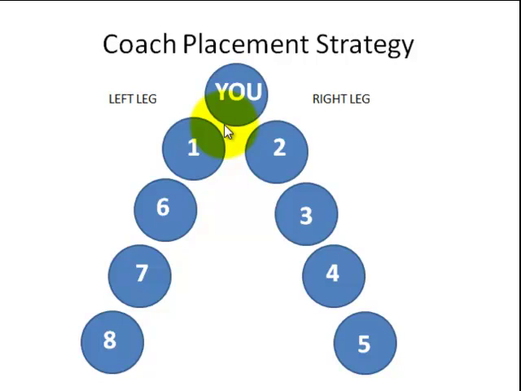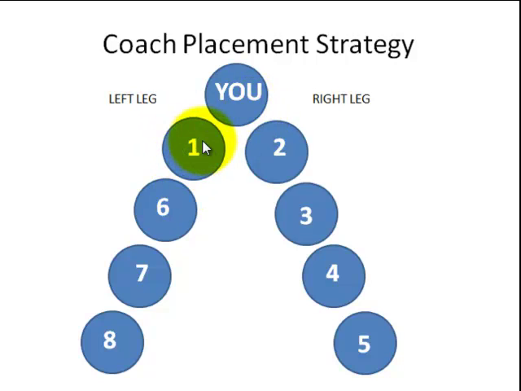She would go there. And then if you do have a spouse or significant other, we would recommend placing that coach, your second coach, on your right leg, which is now the leg that you're going to be focused on building. That's why we recommend placing your spouse there, because that's the leg that you're going to be primarily building, because you're going to have other coaches that continue to fall on your left leg, but we're going to show you how to maximize the compensation plan by building that weak leg or inside leg, which in this example is the right leg.